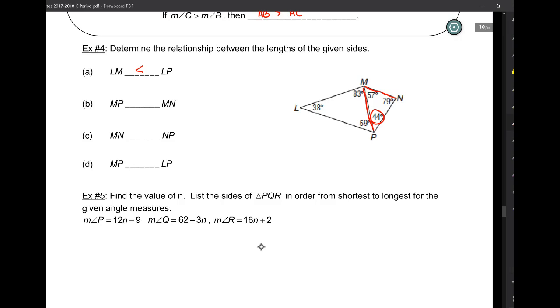So that means I'm not circling 38, I'm actually circling the 79 to compare. Does that make sense? When you have multiple triangles connected, you could have one side that's opposite two different angles. So with MP, I wait to see which one I'm looking at to see which one I'm comparing to.